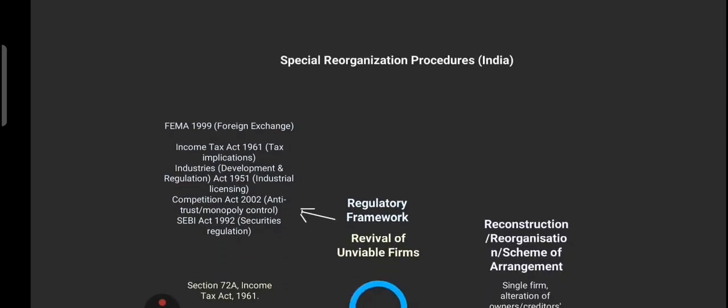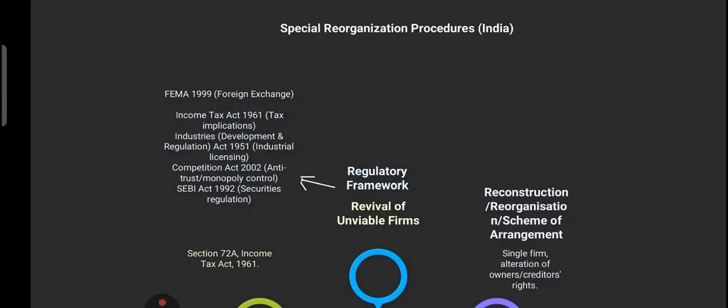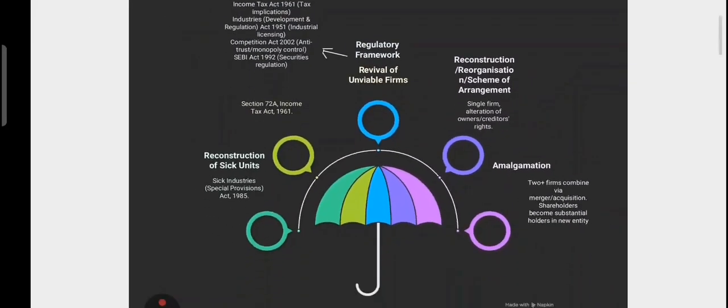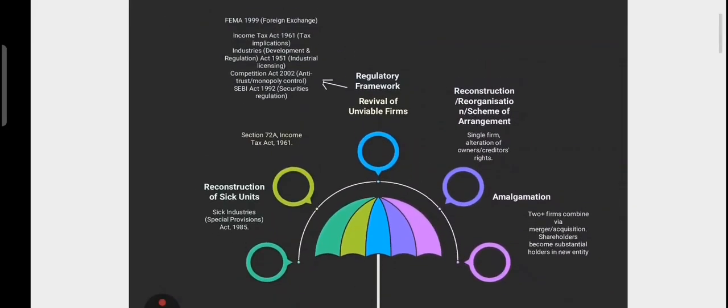So let's explore the landscape of special reorganization procedures in India designed to breathe new life into unviable firms. In this umbrella shaped diagram, every aspect will be made clear.